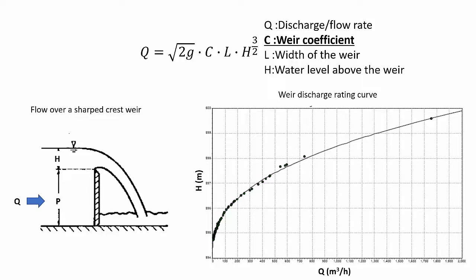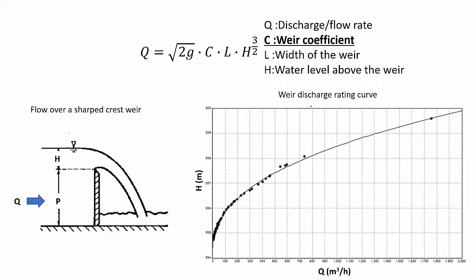The equation of the discharge rating curve can be expressed as Q equals square root of 2g multiplied by C, L, and H to the power of 3 over 2, where H is the weir head, L is the width of the weir, and C is a coefficient that depends on the geometry of the weir.